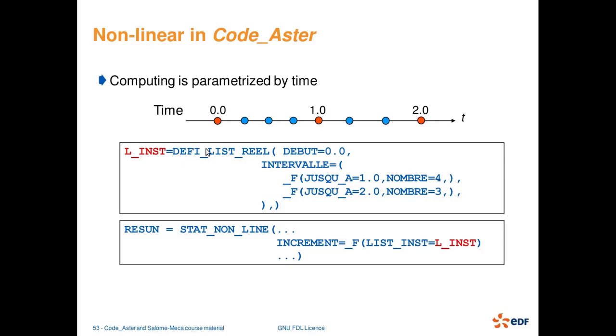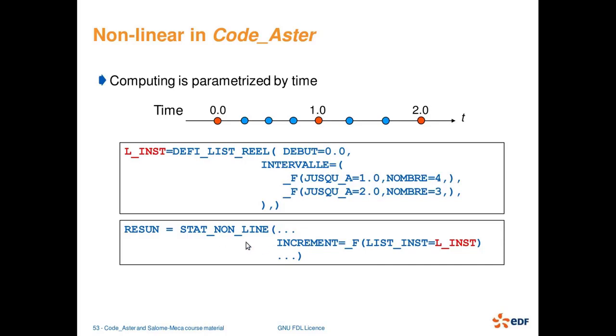So this is how we define a list of times, and then in the nonlinear static operator we supply this list of times as the increment. INCREMENT is the list INST, that means the time list, and this list is already defined here as L_INST, the list of times.